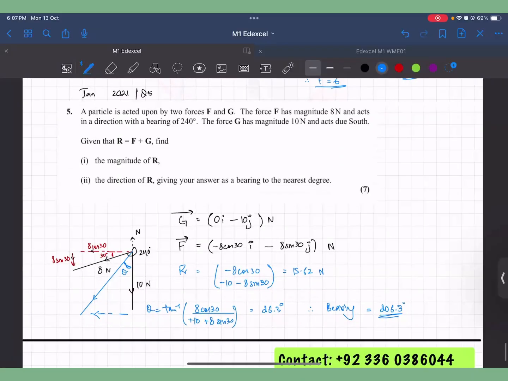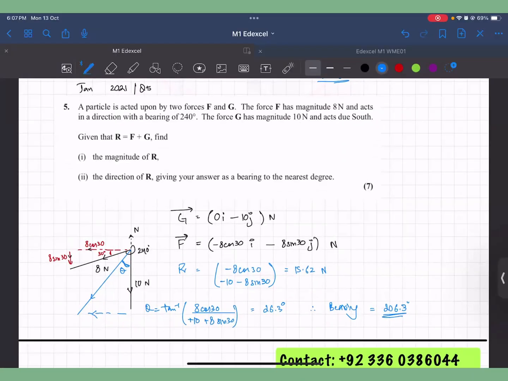Question: why did we add 180? Because bearing is always measured from the north, right? So 180 plus this angle. 7 marks.